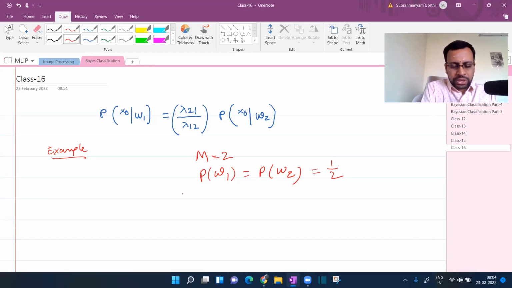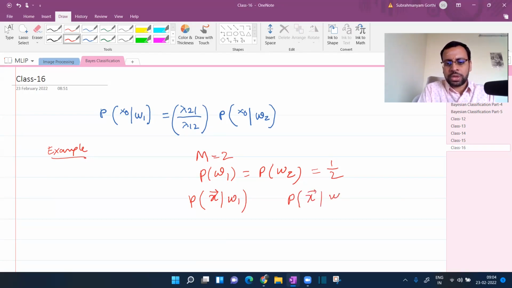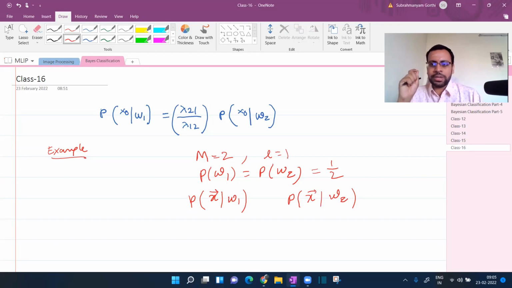Then another thing we need is the likelihood function, correct? So you have probability of X bar given omega 1 is one thing. Another one is probability of X bar given omega 2. I should also tell you the length of the feature vector. Let us consider the length of the feature vector is equal to 1. There is only one element in your feature vector, so that for drawing and all, this would become easier.